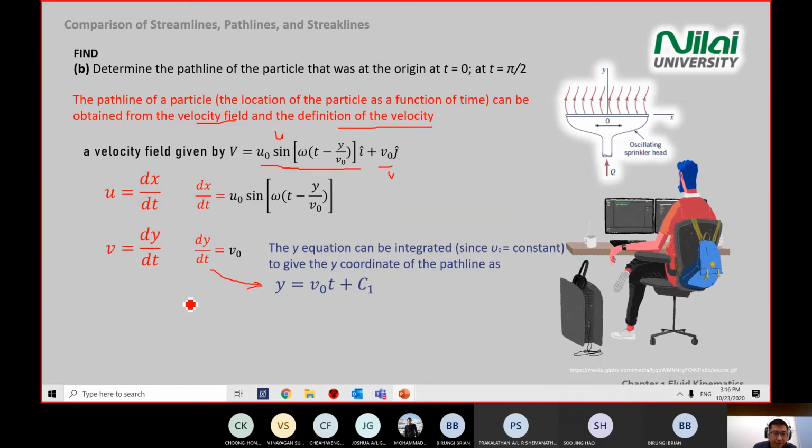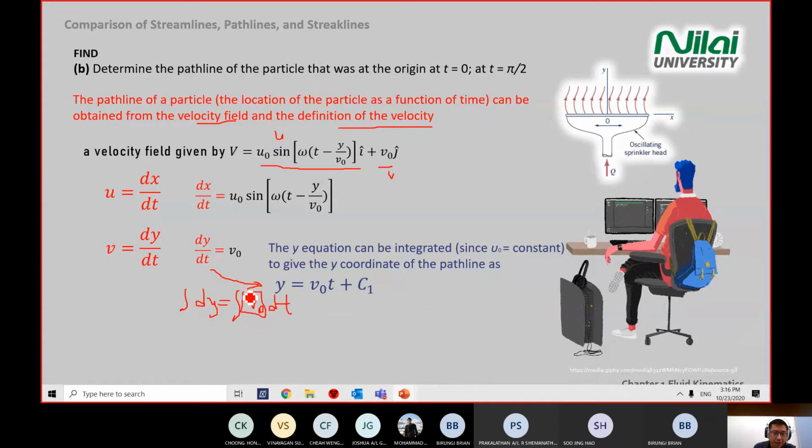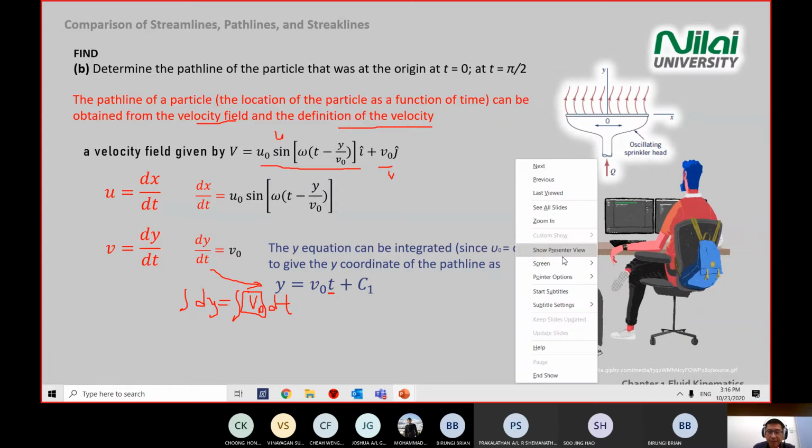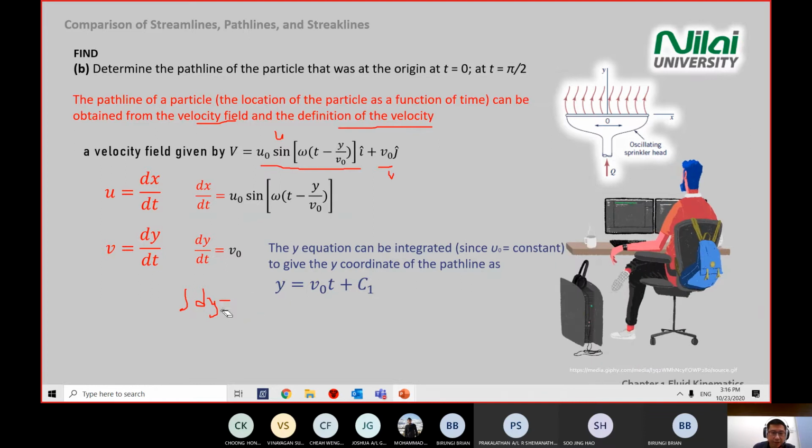You just add in the integral on both sides. This one you have dy, this one you have v0 and then dt. So you integrate dy, you get y. Integrate this one, this is the constant value, you have nothing. However, you integrate dt, you get t, and then one constant value there. Okay, I'll erase.